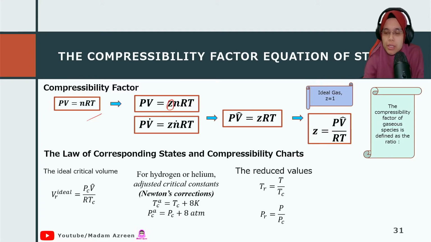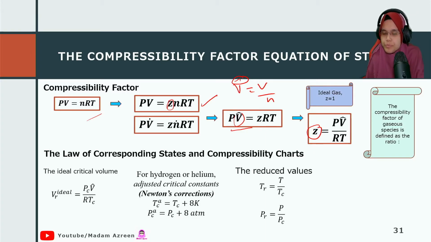So the equation becomes like this. Okay, so the alternative is this one. As you can remember, V is equal to V over n. I don't know what we call this, I really forgot. And we can get the value of Z, which is the compressibility factor.